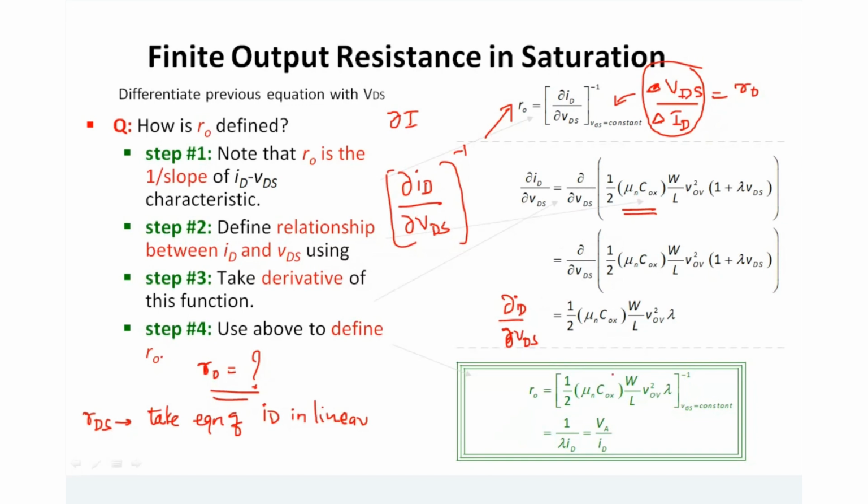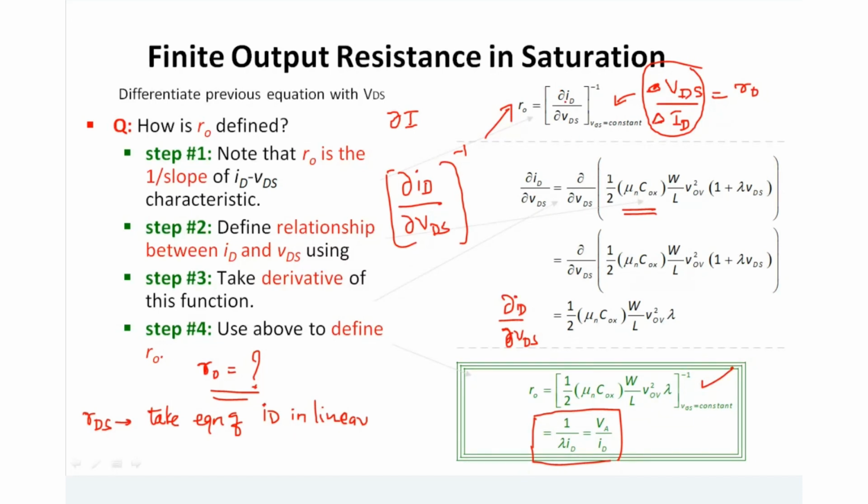So this is my R naught equation. Sometimes this R naught is even represented by the equation VA by ID, which I'll talk about now. This is how the derivative of the entire drain current equation gives my R naught equation, because I need to say what the small change in ID is for every small change in VDS.